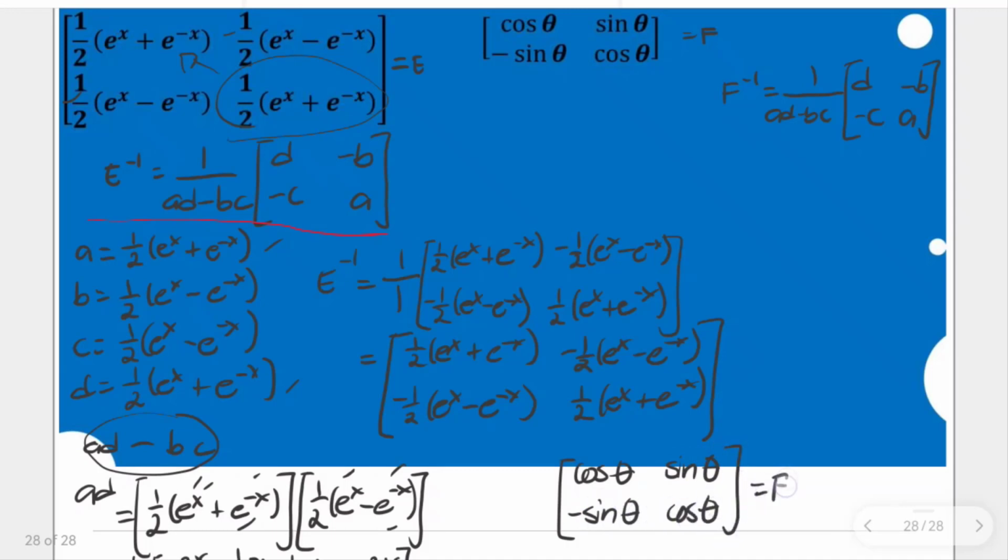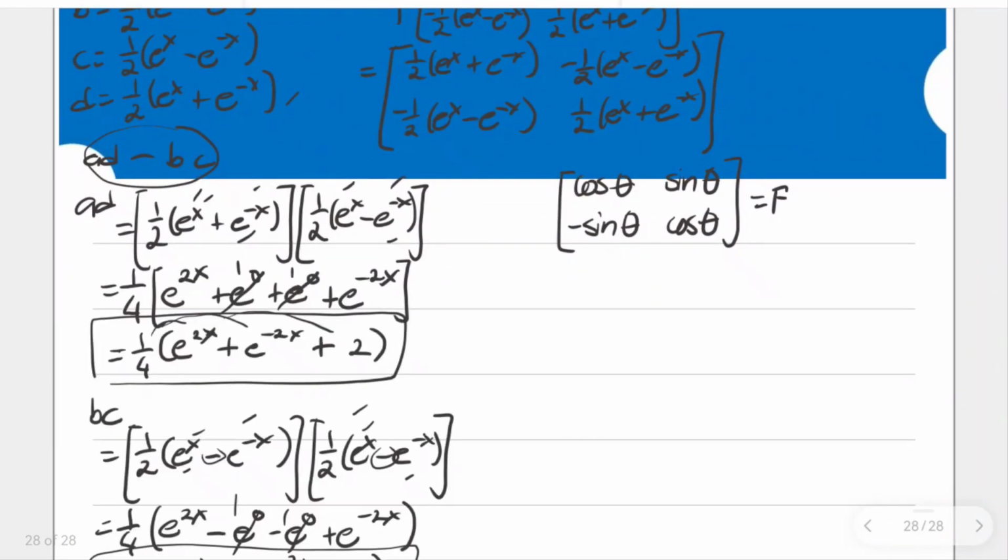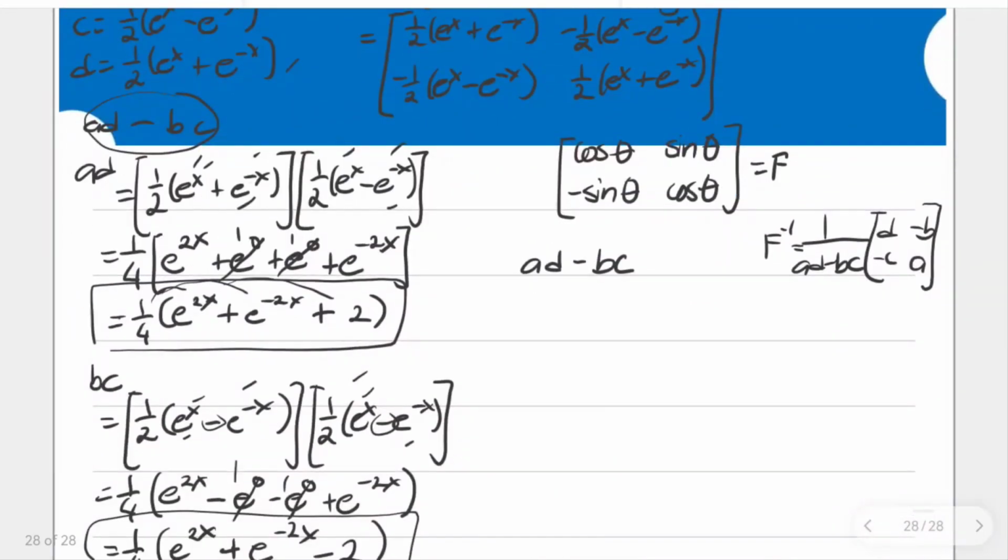I call it F, and I'm going to get its inverse. So you have 1/(AD minus BC) times D, negative B, negative C, A. So let's start with AD minus BC. Since it's unlike the first one, which was very long, we can just simply combine them.